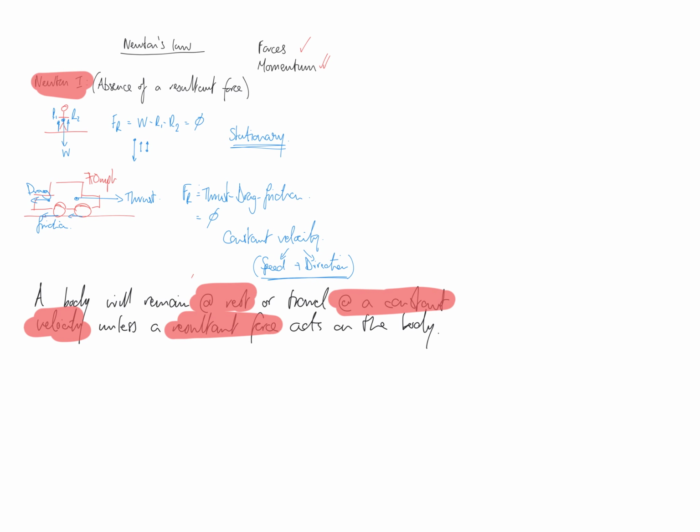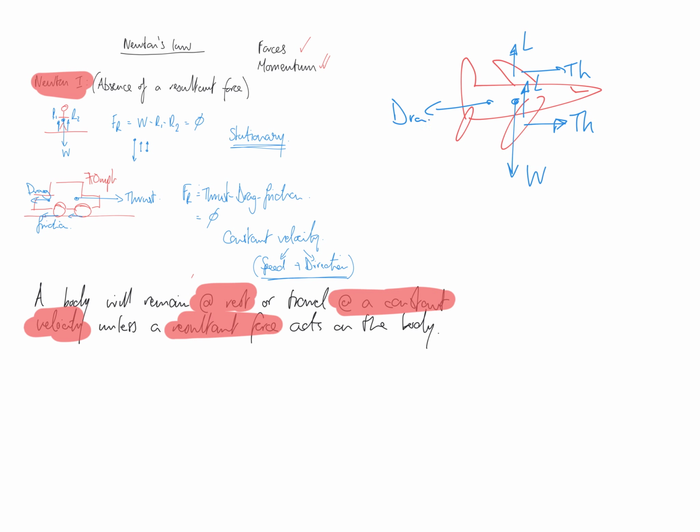Let's take an aeroplane flying. So, a bad drawing of an aeroplane. And let's say we know that it has a weight. We know that there's an associated lift from the wings. We know there's a thrust coming from the engines, usually 2 of them. And of course, there must be a large drag associated with that aeroplane.